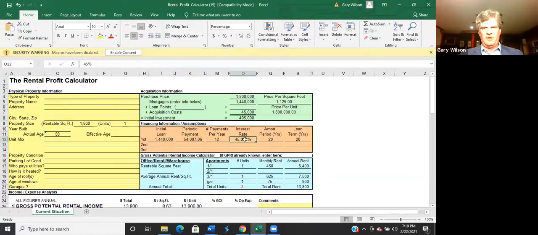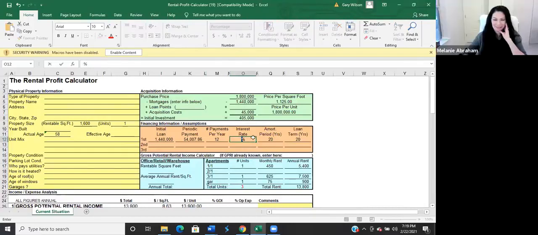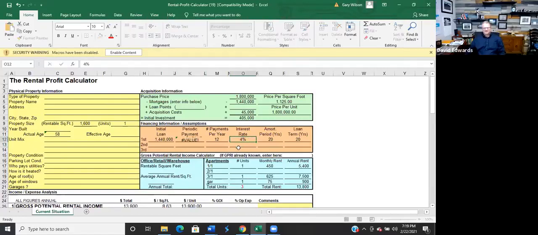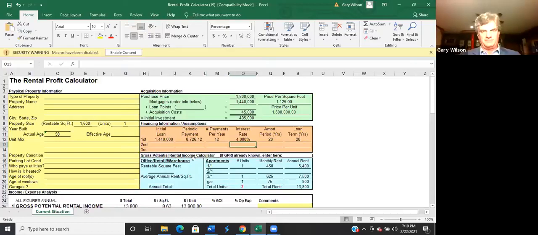Whoops, not 45%. I would not do that deal. 4%. I'll lend you the money. Who would do that deal, right? In any case, if we borrowed, we'd have monthly payments of $8,726.12.